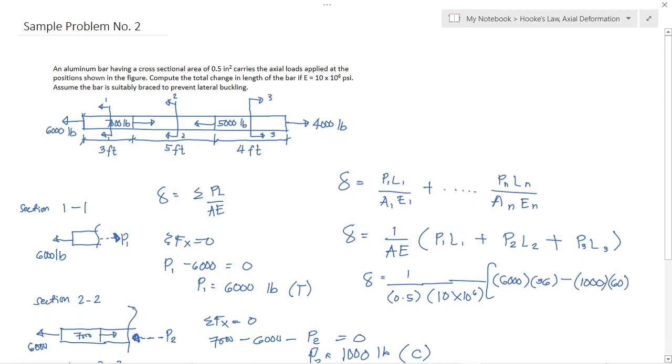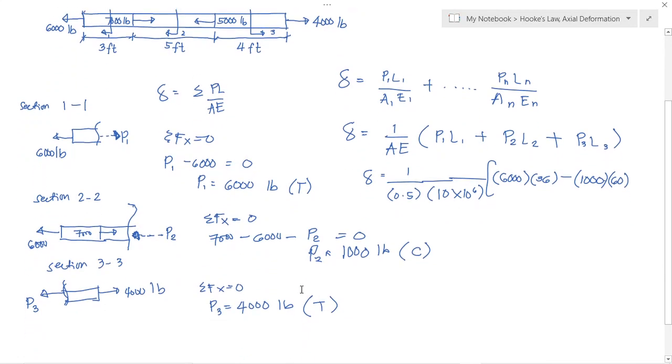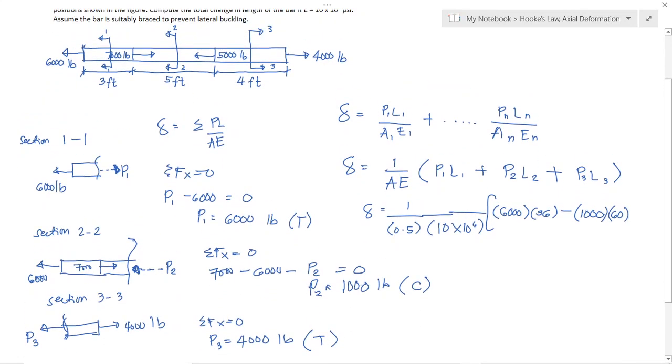P3, what is P3? Tension or compression? P3 is in tension. So, therefore, you have plus 4,000 multiplied by the length, okay, that is 48. 12 times 4, 48. So, therefore, the total deformation is, okay, kindly calculate.